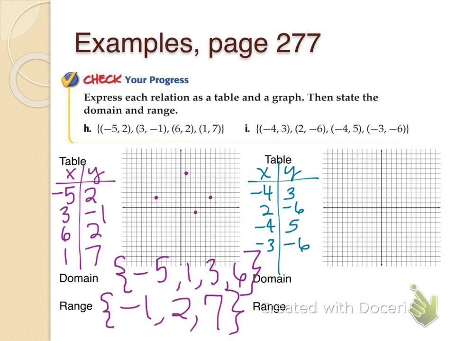Graphing that, negative 4, 3, go left 4, up 3, put a dot. 2, negative 6, go right 2 and down 6, and put a dot. Negative 4, 5, go left 4 and up 5. And then negative 3, negative 6, go left 3 and down 6.